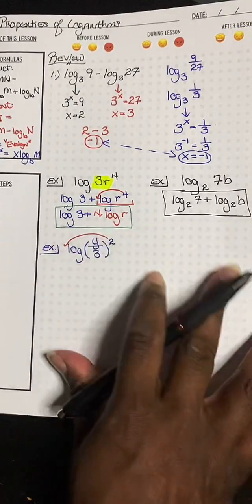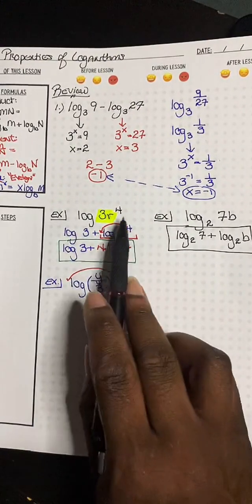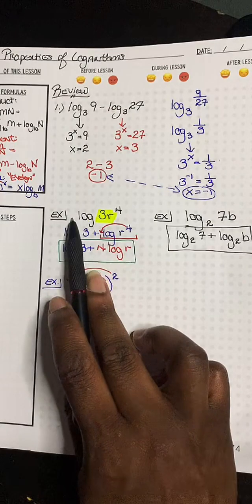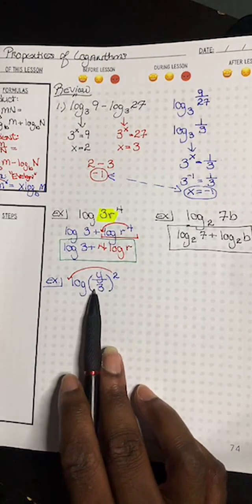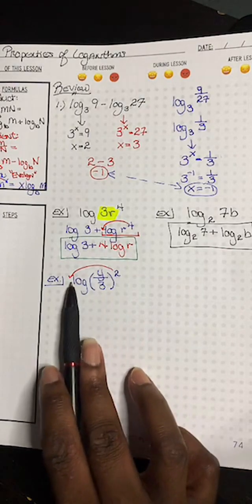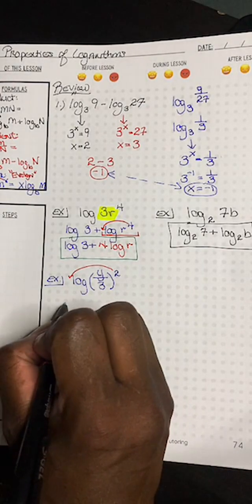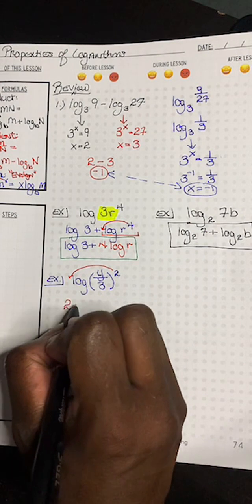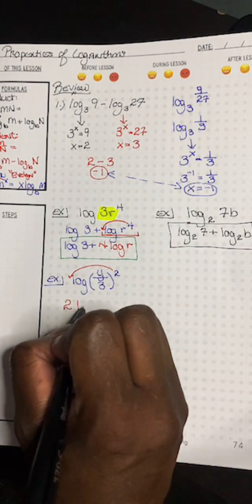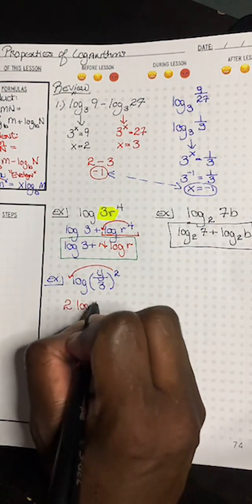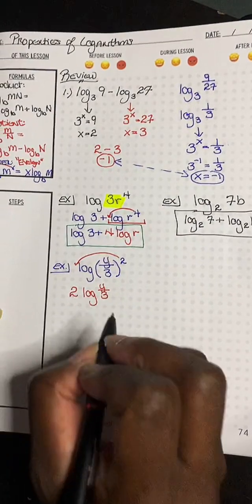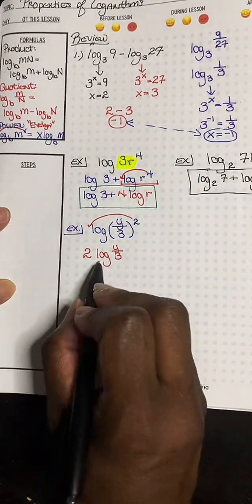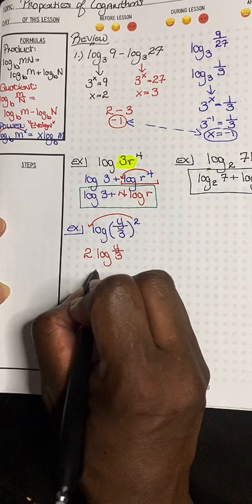The reason why, let me say up here, we didn't put the 4 in front of the log is that since we have parentheses this time, that means that 2 is going to be in front of our logs. So you have your 2, then you have your log of y over 3, but we know that y over 3 is going to be split, right?